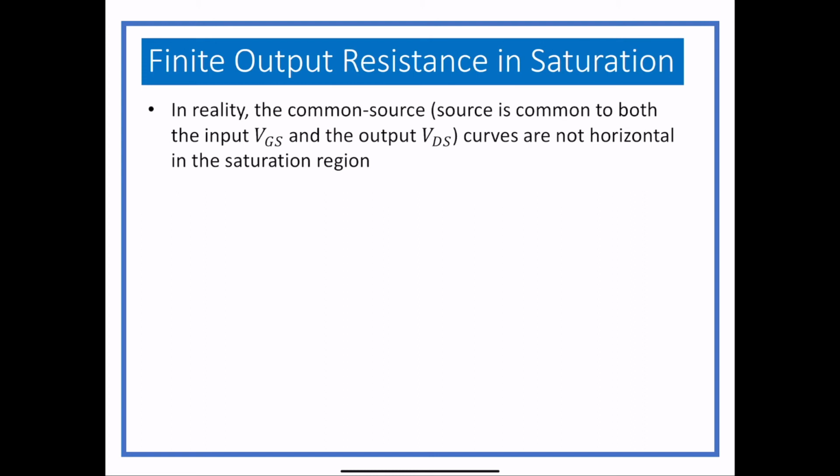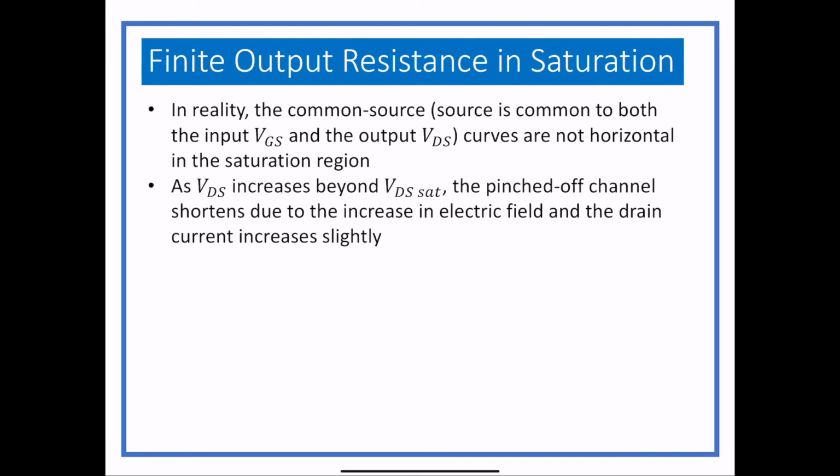But when you get to a point with a real MOSFET, you don't actually get absolutely horizontal curves in the saturation region. Because as VDS goes up, the pinched off channel actually starts to get shorter. It gets shorter because there's an increase in the electric field. So there is actually an increase in the drain current. It's not huge, but it does actually drift up as you go.